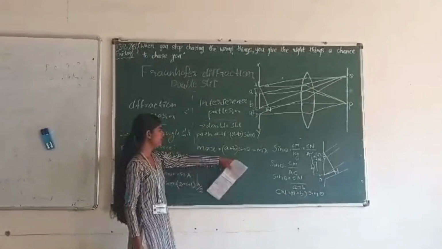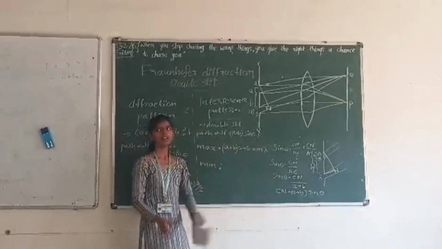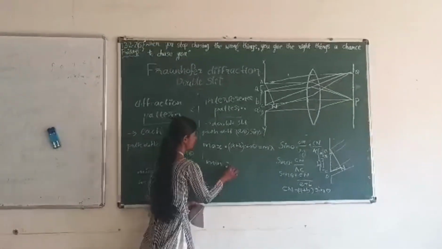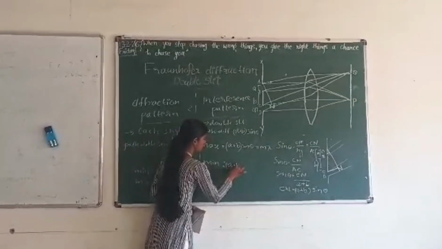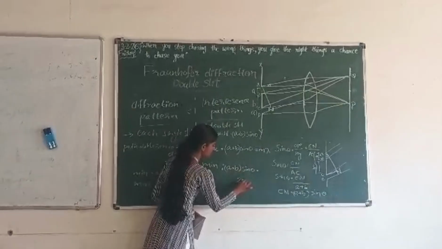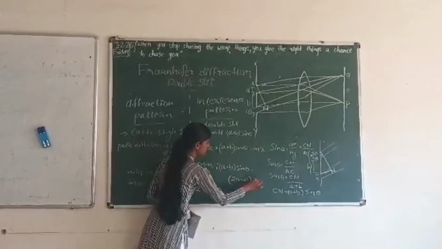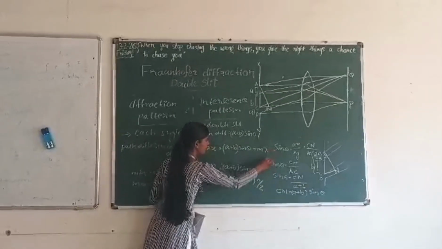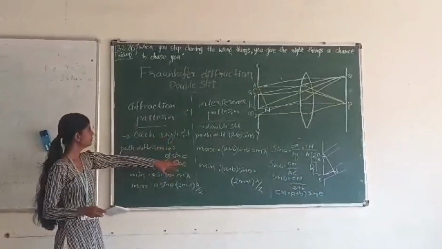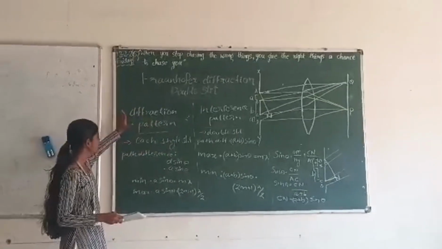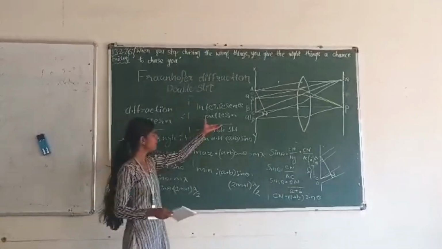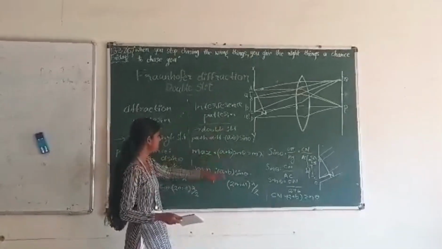For minima the path difference is equal to an odd multiple of lambda by 2. So it will be a plus b sin theta equal to 2n plus 1 lambda by 2. So here we have found the diffraction pattern, path difference, condition for minima and maxima, and for the interference pattern, minima, maxima and path difference.